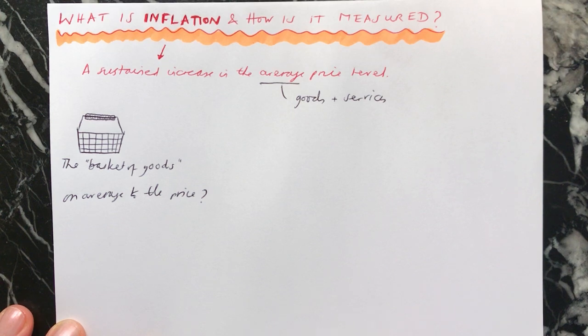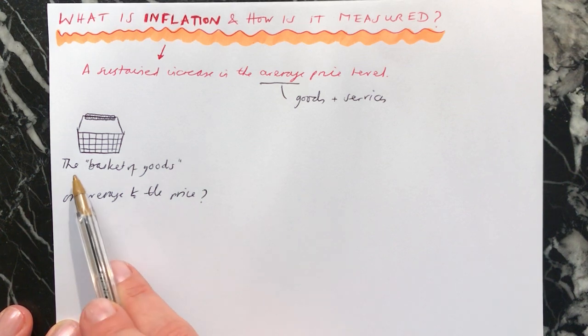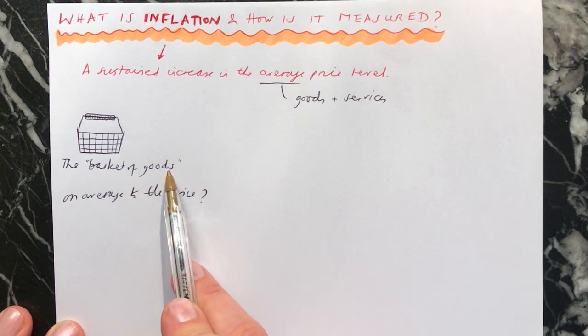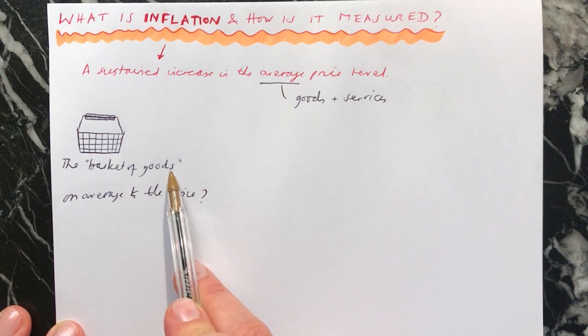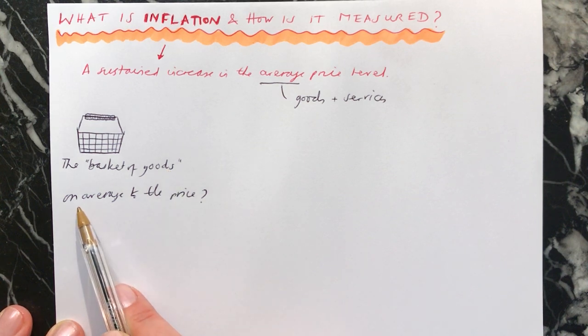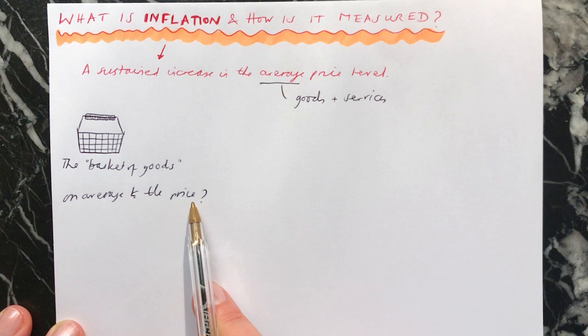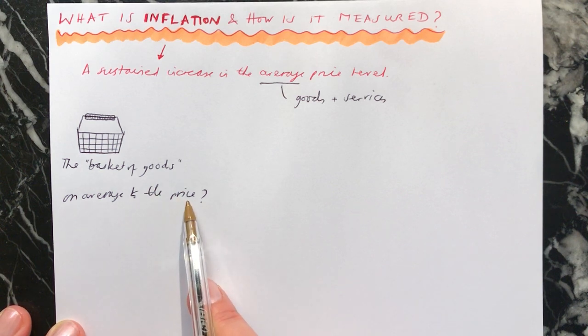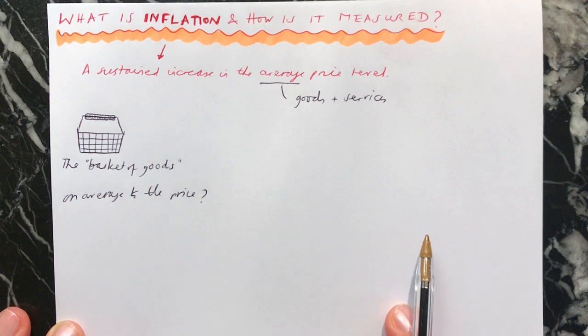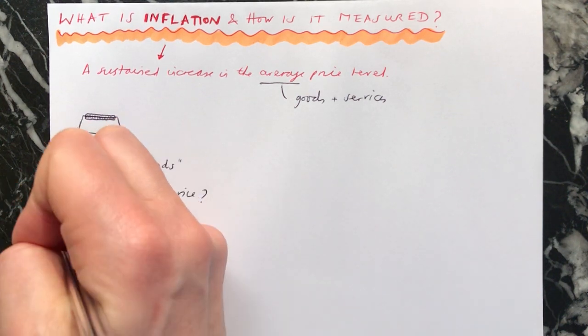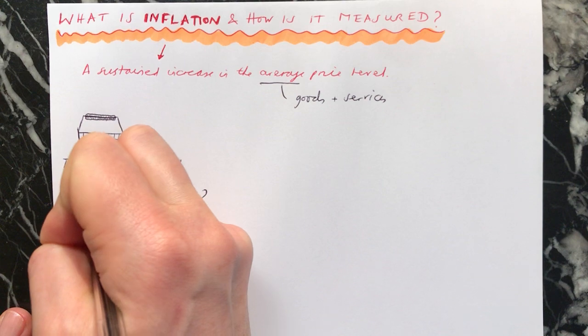And the way that we go about finding out what the rate of inflation is and what's happened to the average price level is that we look at a basket of goods, and I'll explain in a minute what this is. And we see, on average, what's happening to the price of this basket of goods. So, at the Office of National Statistics, they go every month.